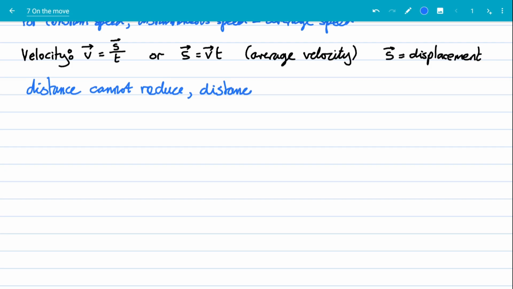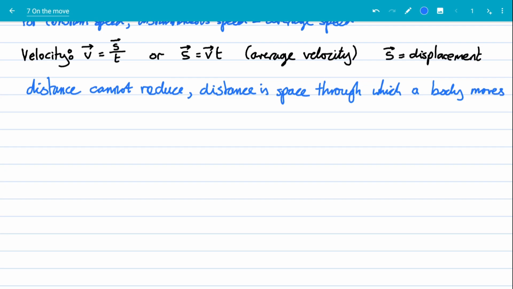Distance is the space through which, you won't find this definition anywhere else, a body moves.